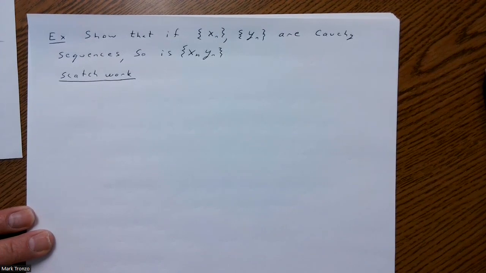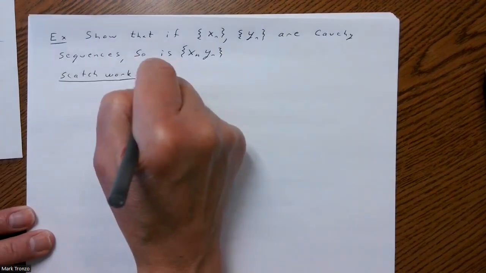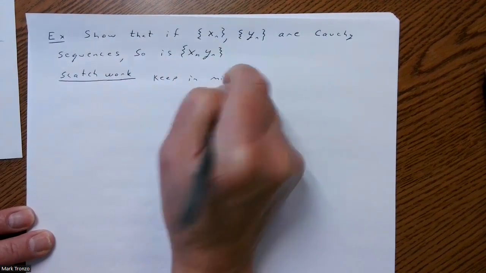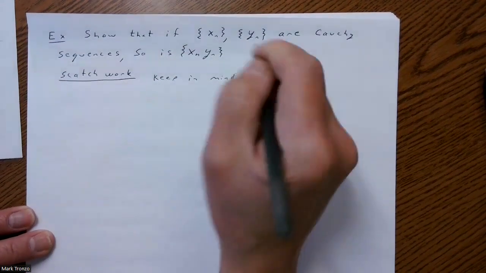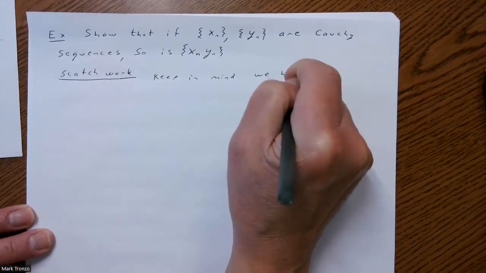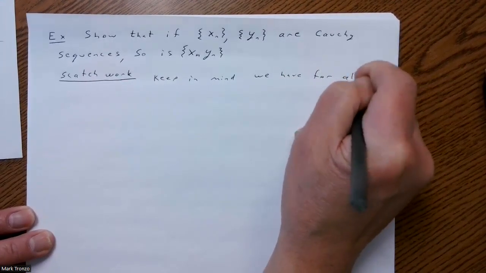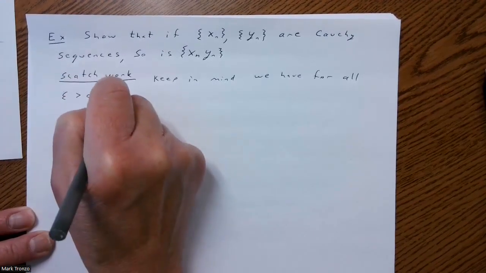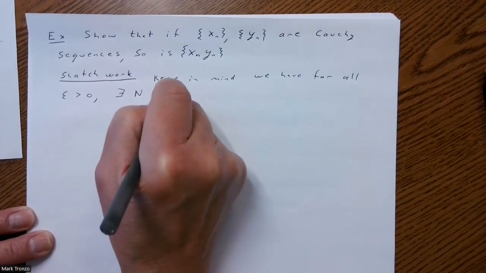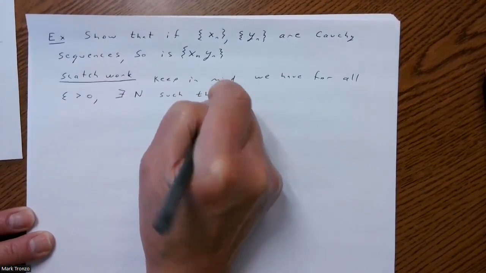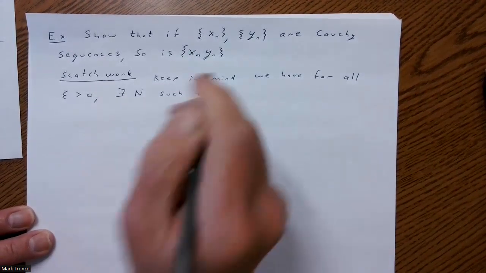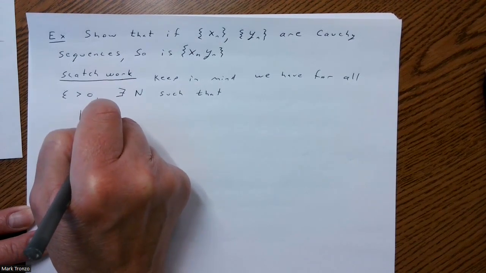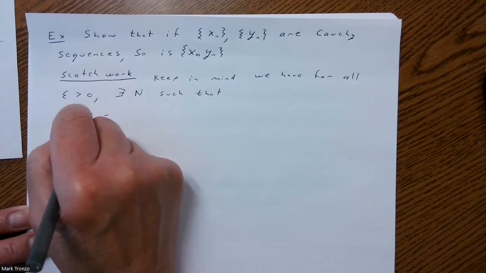So again, keep in mind what we have, that for all epsilon greater than 0, there exists an N such that, again, I'm not putting all the specifics in the scratch work, such that Xn, and it doesn't really matter which order you do it.